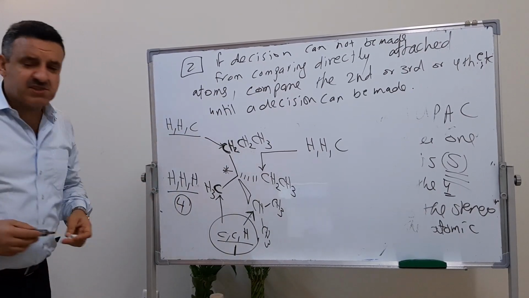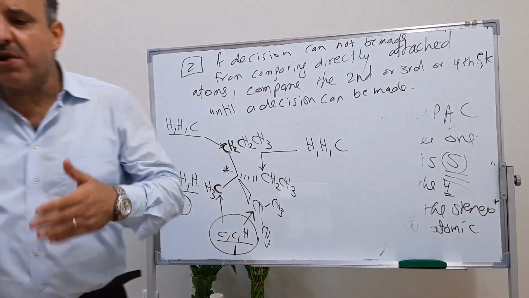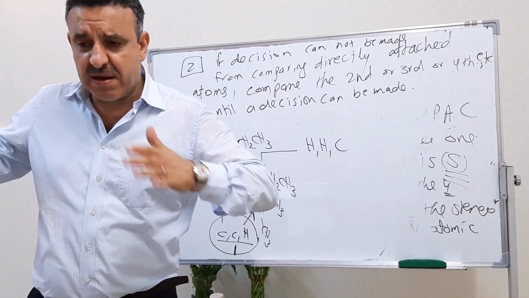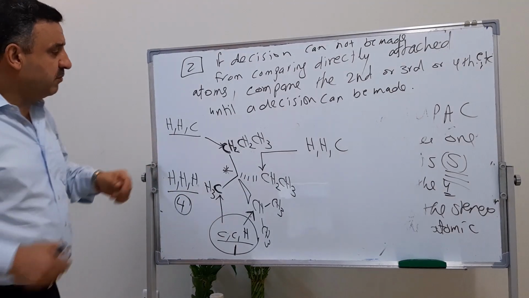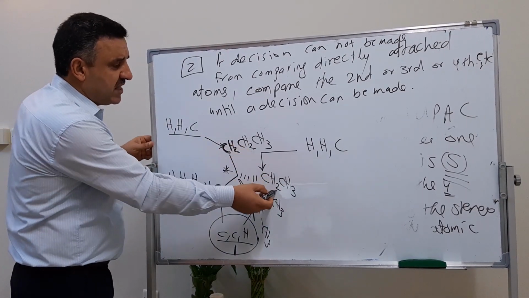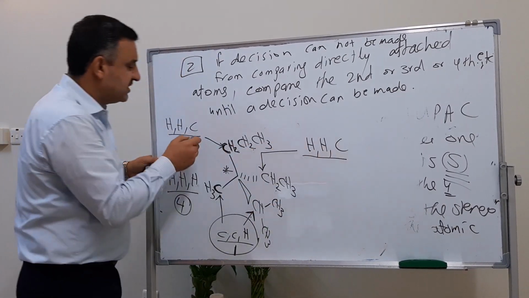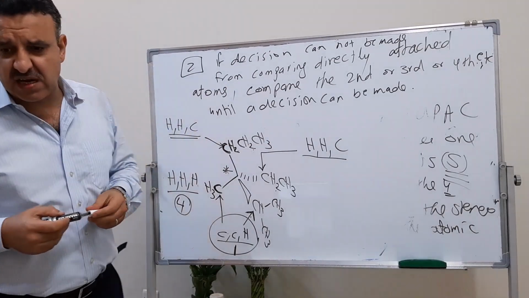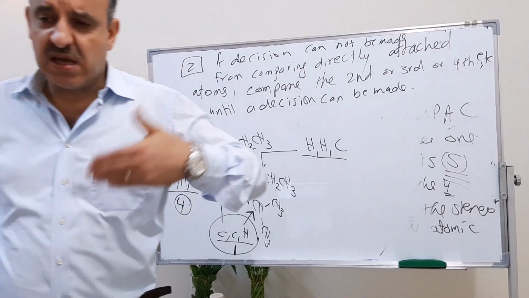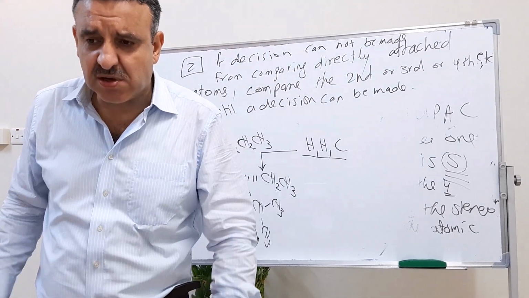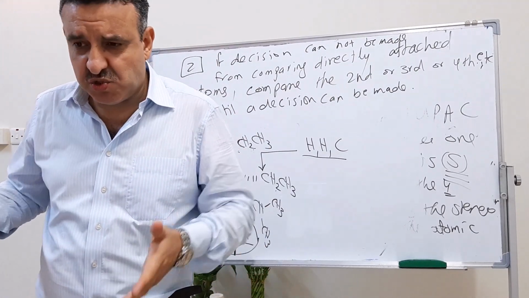So from this comparison, we could compare number 1 from number 4. But now when we compare this with that, we will see that this here is the same as this. In other words, the next directly attached atoms are the same in these 2 groups.